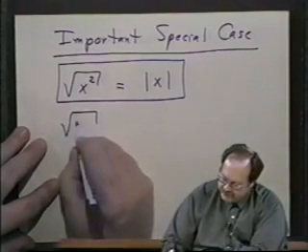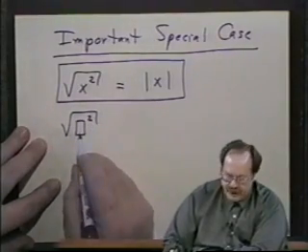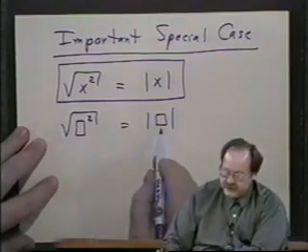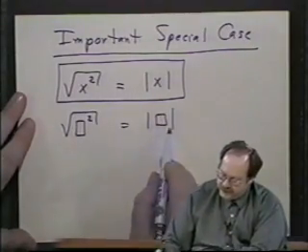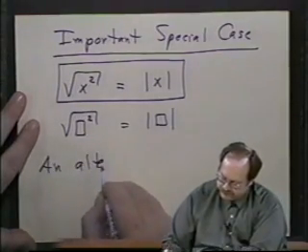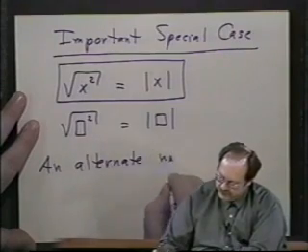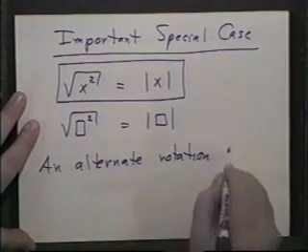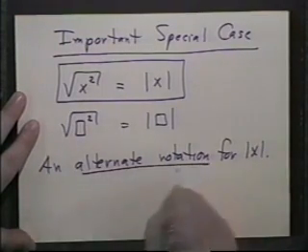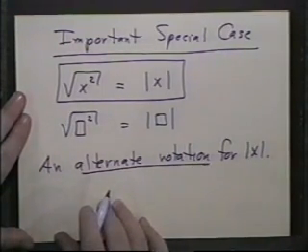You can think of this as the box squared square root is the absolute value of box. So anything that you can put in there, the absolute value can be rewritten this way. So this is an alternate notation for the absolute value of x. And as an alternate notation, it sometimes has its uses.